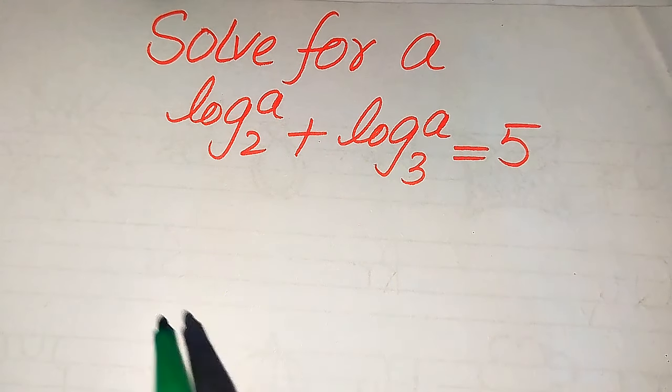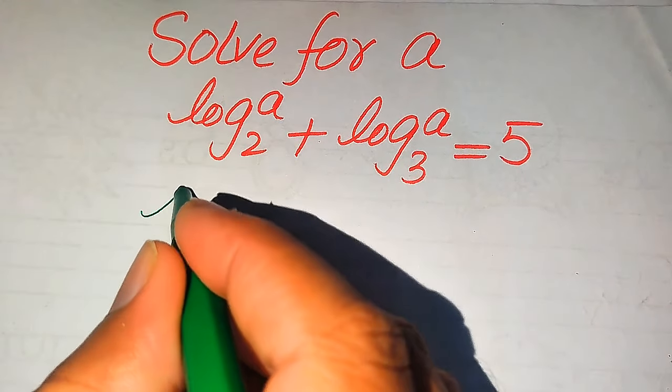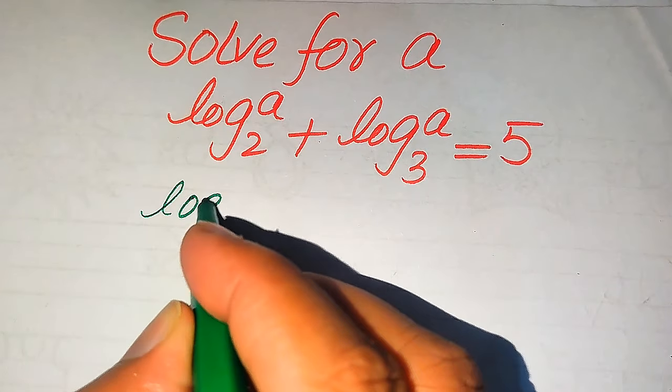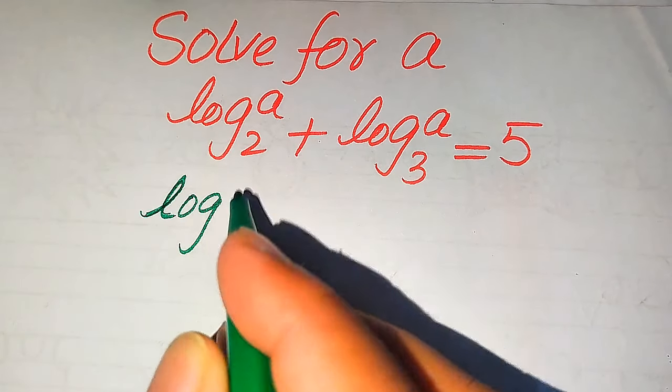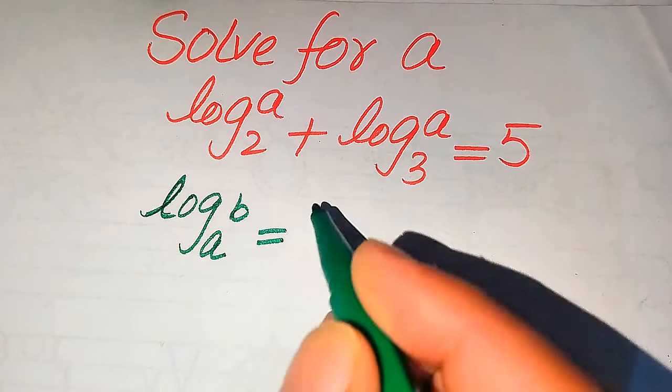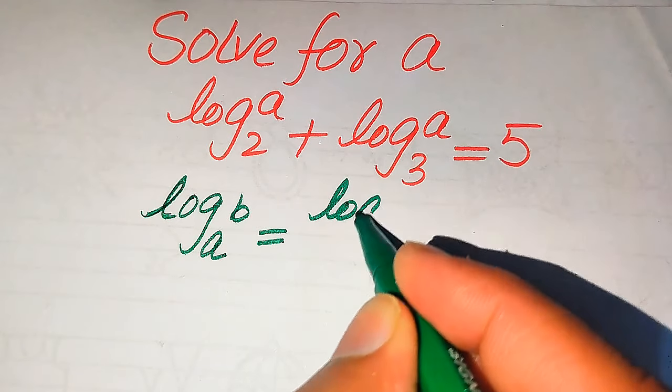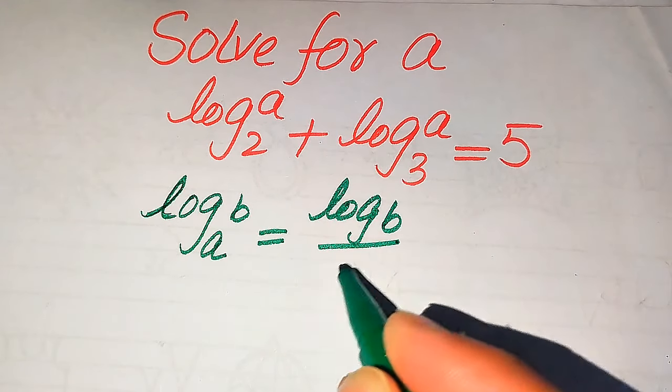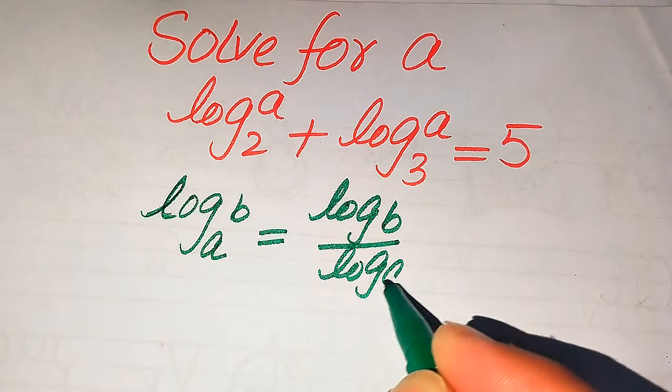So here first we use this nice property of log, and you know that if we have log with base a of b, we write this term as log of b divided by log of a.